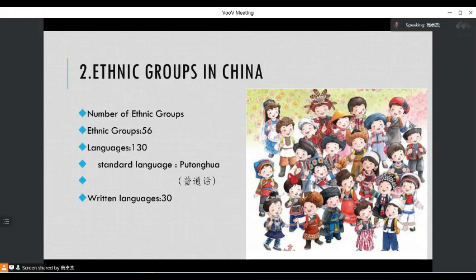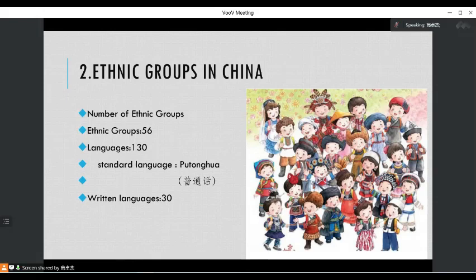In China, almost every ethnic group has its own language, but some ethnic groups do not have their own written language. So in China, there are about 130 languages, and about 30 kinds of written languages.